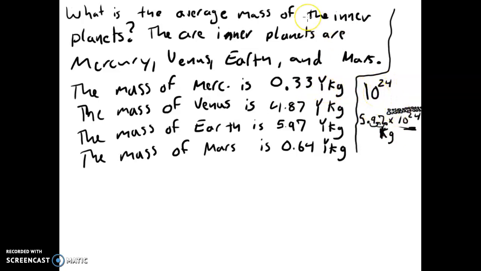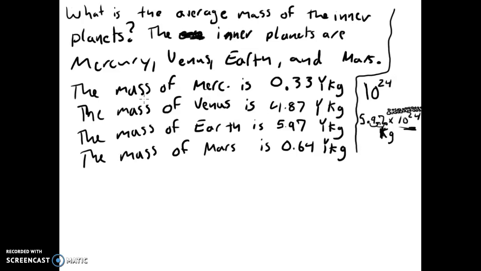Okay, so back to the question: what is the average mass of the inner planets? The inner planets are Mercury, Venus, Earth, and Mars. The mass of Mercury is 0.33 yotta kilograms. The mass of Venus is 4.87 yotta kilograms. The mass of Earth is 5.97 yotta kilograms.